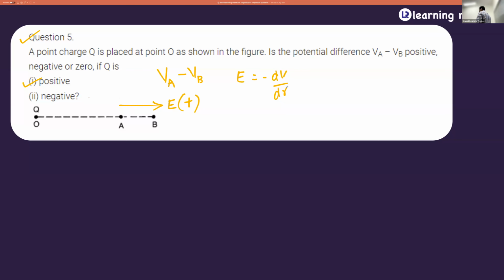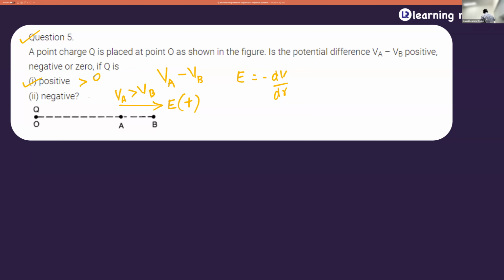The negative sign indicates that the electric field is always in the direction of decreasing potential. So if the charge had been positive, then VA would have been greater than VB, so that VA minus VB would have been positive.